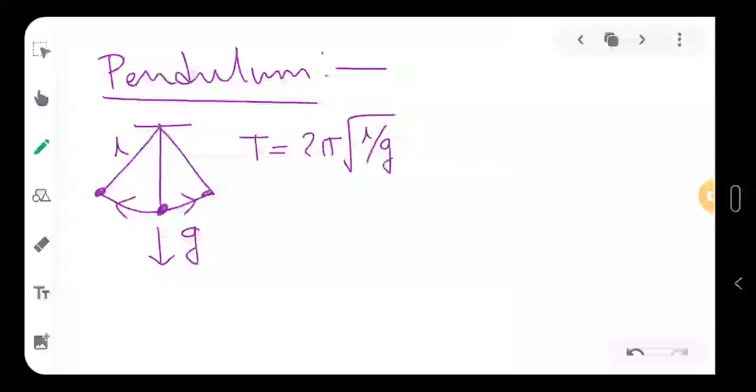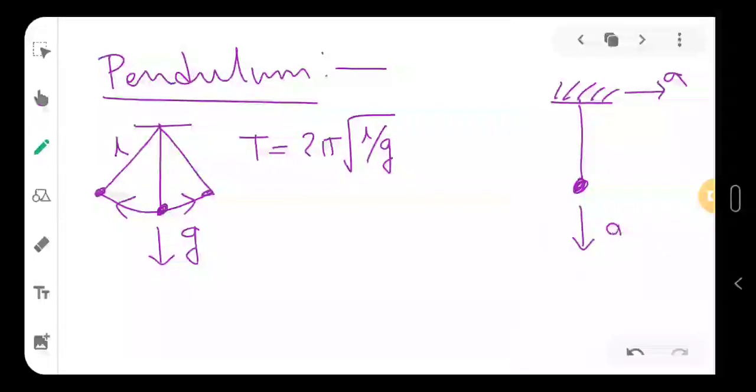Now there are many cases where we will see that this time period will be different if we keep the pendulum in a different situation. Let's say the pendulum is like this, and the floor from where it is suspended is going with some acceleration a, and also g is working in this way.